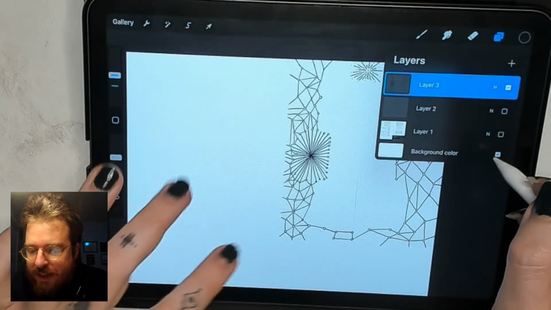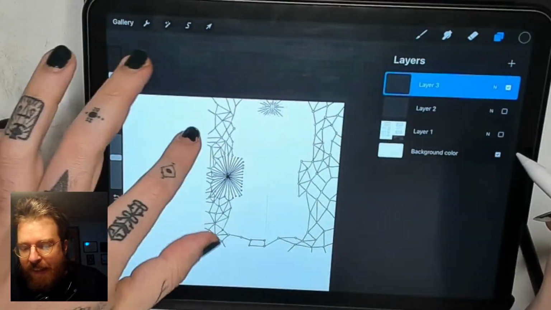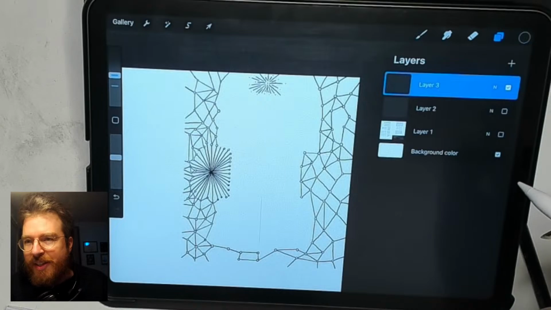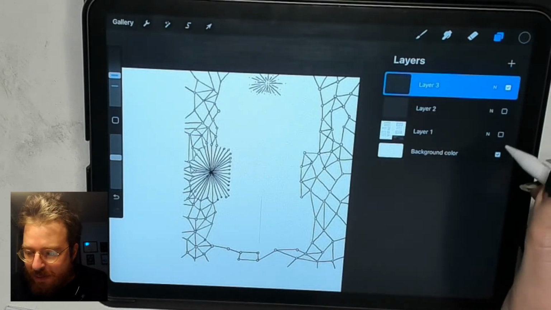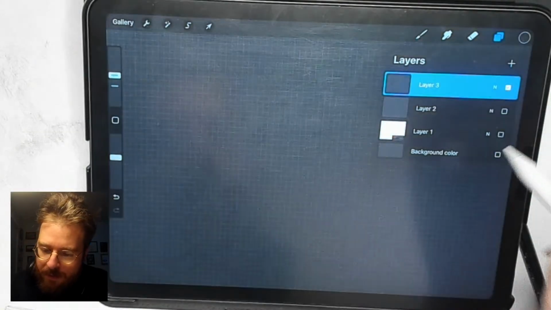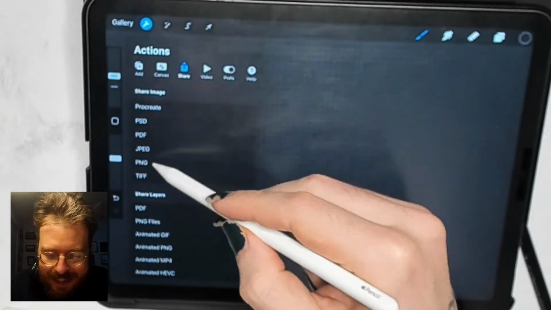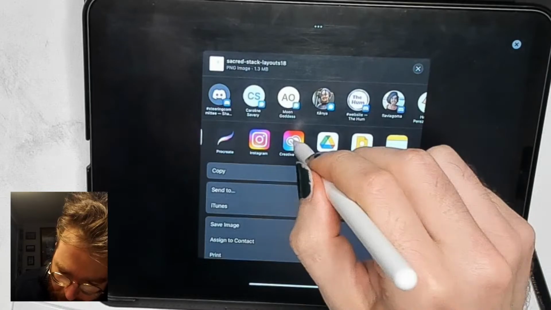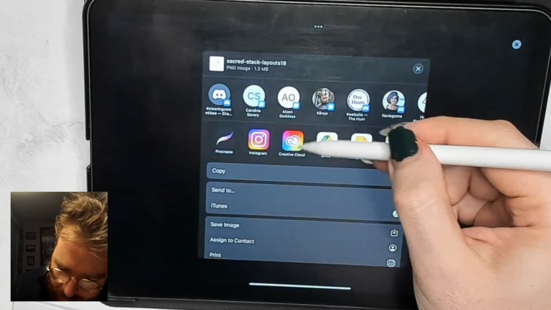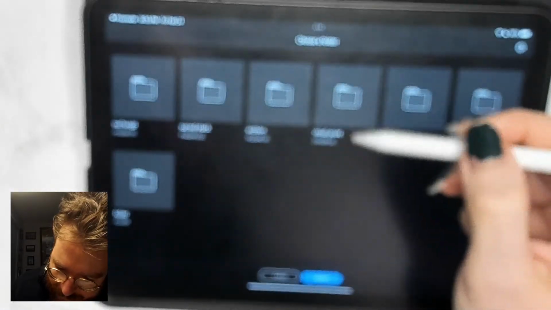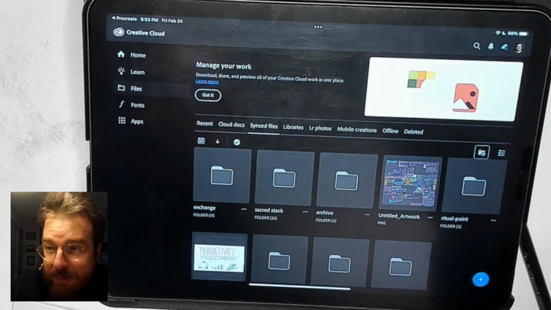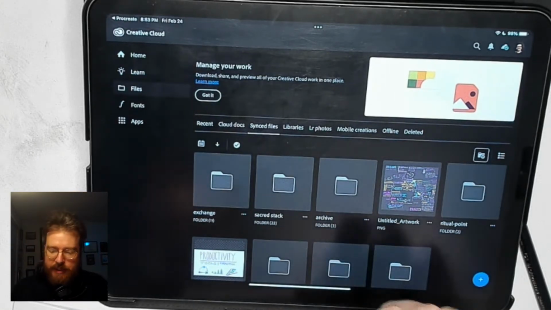So there's the extent of it. It's kind of interesting. These could all be little art pieces. Okay, turn off the background color, get that PNG, and then we just throw it right into the same spreads. It'll have the same name if we're smart.